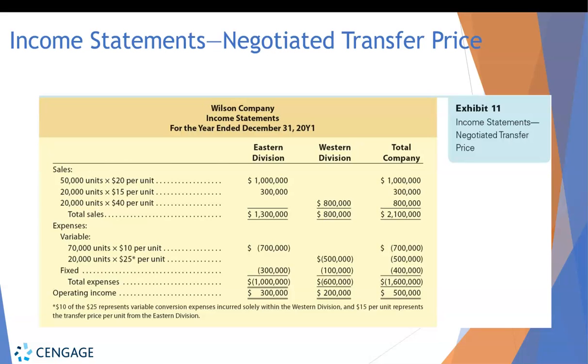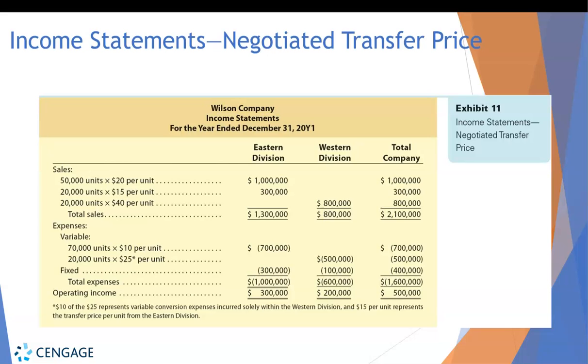So as you see on this slide, the divisional and company income statements, assuming that the Eastern and Western Division managers agree to a transfer price of $15. The Eastern Division increases its sales by $300,000, which is 20,000 units at $15 a unit.